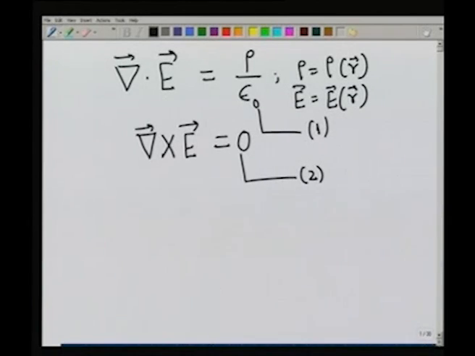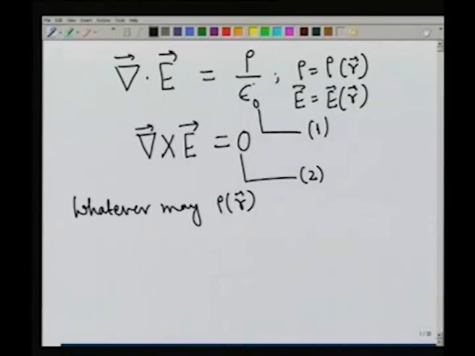It tells us that irrespective of what the charge density is, so let me write it down, whatever may be rho of r, it might be a point charge, it might be a dipole, it might be a quadrupole, it might be a continuous charge distribution, whatever it may be, the solution for this particular equation, divergence E equal to rho by epsilon naught, should satisfy an additional condition, and that condition is given by curl of E equal to 0.